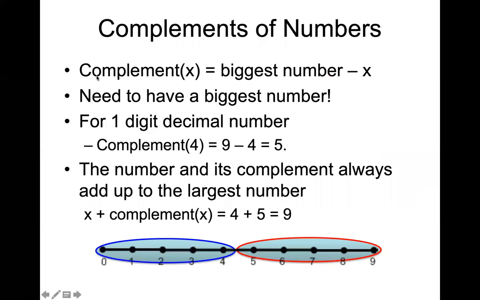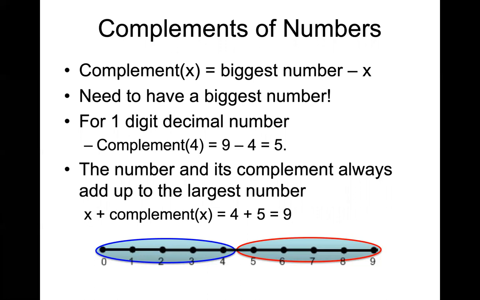Okay, so the complement of a number x is the largest representable number minus x. So the question is, what's the largest representable number? Well, if our number system is a fixed width number system based on a single decimal digit, the largest possible number, of course, is 9. If, for example, we're using binary and we're using 8 bits, then the largest number would be 255. So hopefully you remember that fact from a previous lecture. Okay, so we always need to know the largest number that's representable given our particular representation choice.